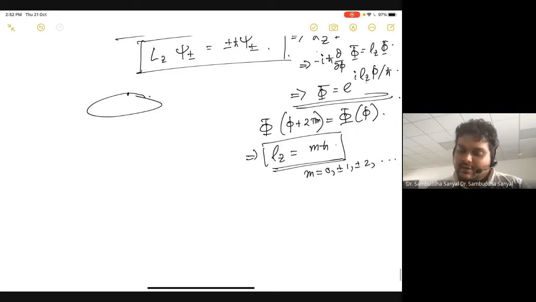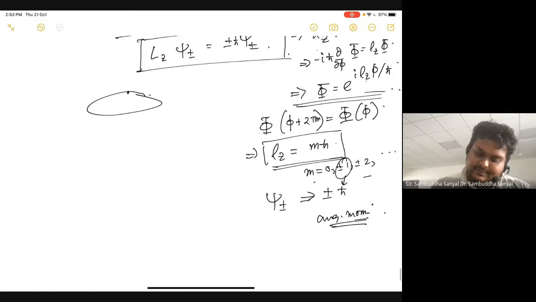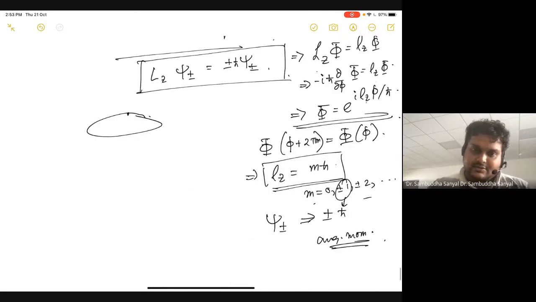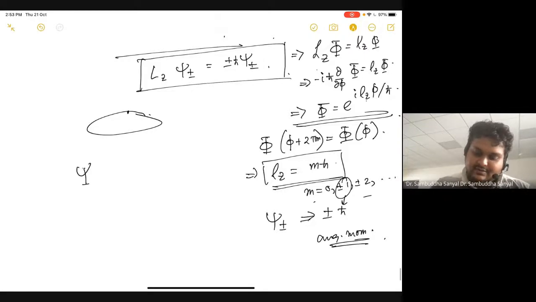Now, out of these many different solutions, psi plus minus is basically those two solutions, which is plus minus h. This is an alternate way to see that. But the full solution has two different parts. I can rewrite the full solution as a rho part and a phi part.